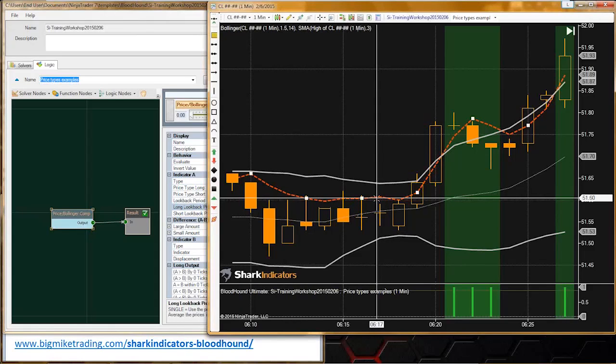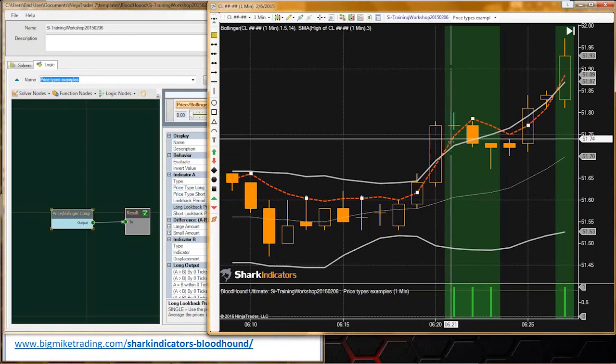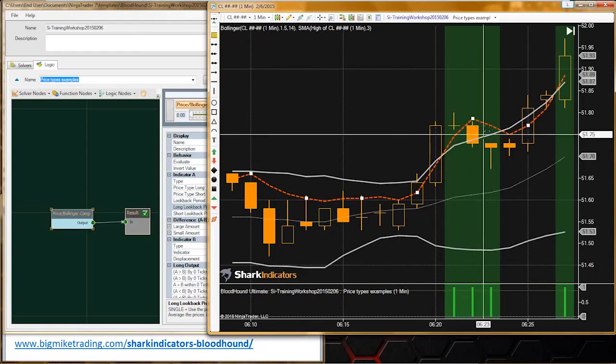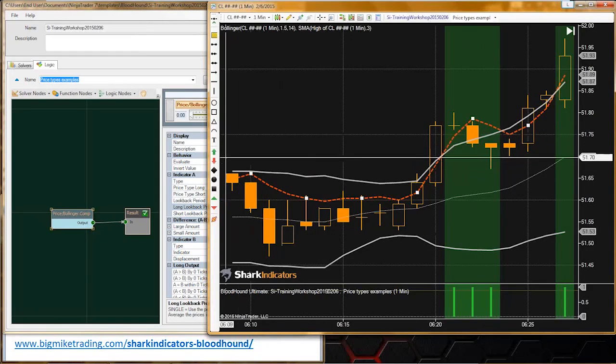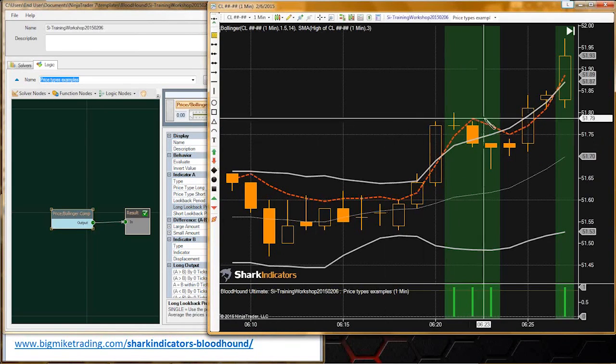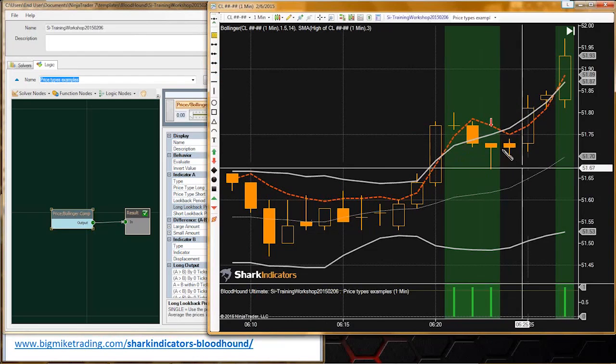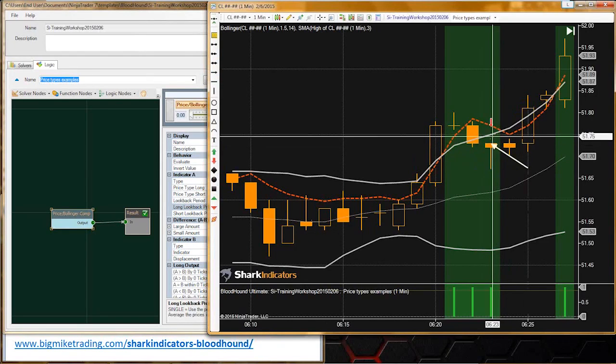So now whenever this SMA set to the high price breaks above the upper Bollinger Band, we're going to get an output now. So right there's the value of the SMA, and of course our bar never broke above.